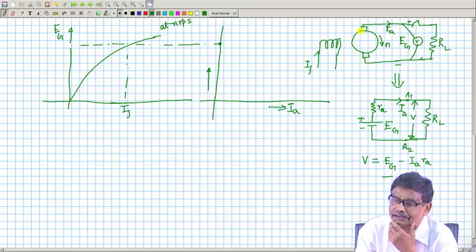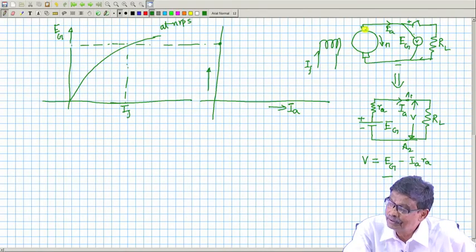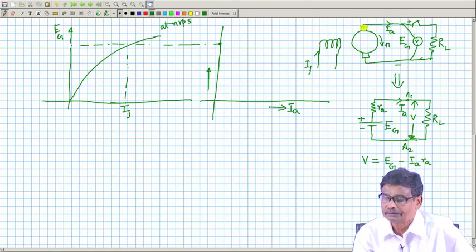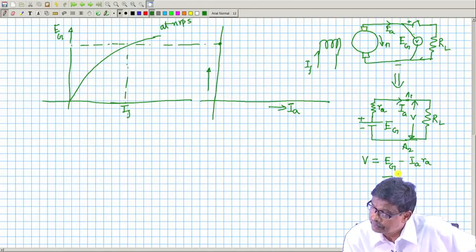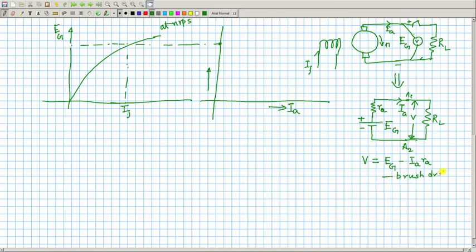There will be some voltage drop in the carbon brushes, and we write it as brush drop, which is little.